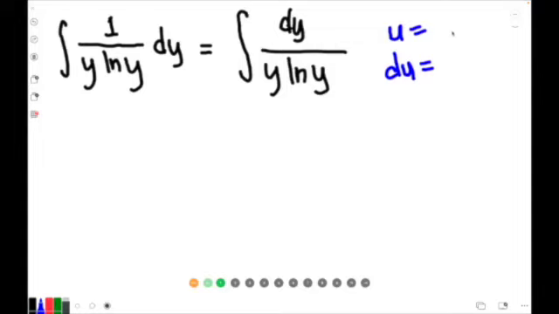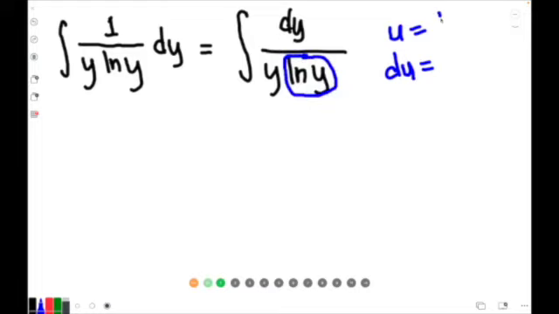Here we will look for a particular pattern where we can apply our previous theorems to solve this problem. For this one, it is better to assign u as ln y.